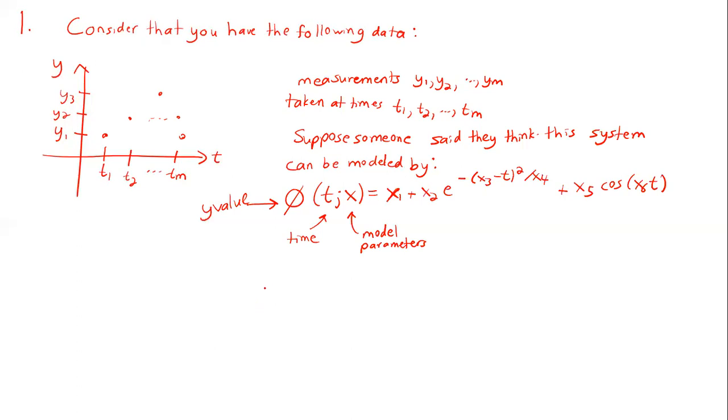And so if this is the case, then we can say, okay, in order to get my parameters, I'm going to make this vector of all those unknown parameters, x1 to x6. I'd like to decide on those, so they're decision variables.